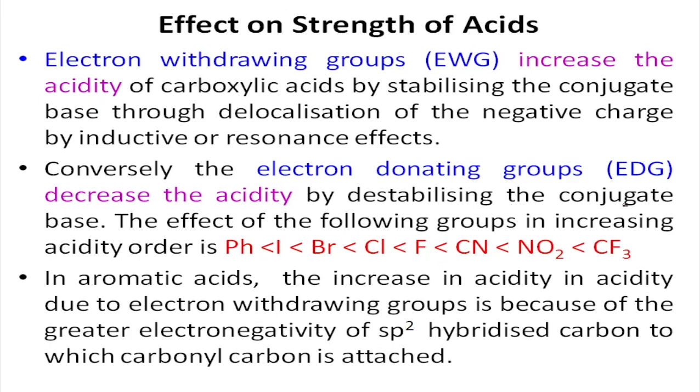So the negative charge is stabilized, and with an electron withdrawing group the acidity increases more. However, with an electron donating group the conjugate base is destabilized more, so the acidity of the carboxylic acid is lower.